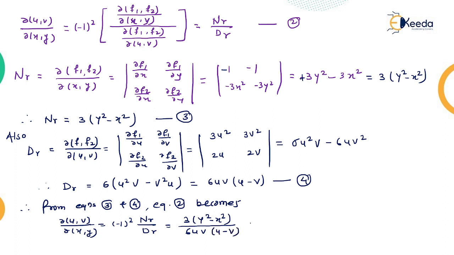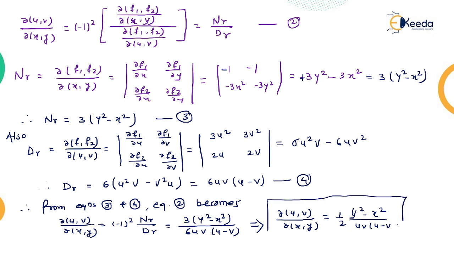So we clearly get ∂(u,v)/∂(x,y) equals 1 divided by 2, times (y² minus x²) divided by uv(u minus v). This is your answer, this is your proof, hence proved.